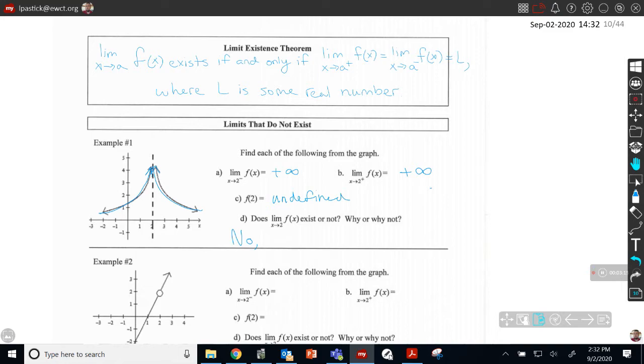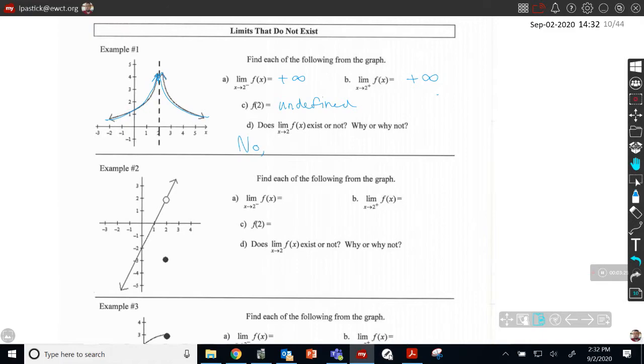Well, you could argue they are, positive infinity, but they got to equal the same value, where L is some real number. Infinity is not a real number. So for the shorthand, what we'll write is no, because positive infinity is not real.